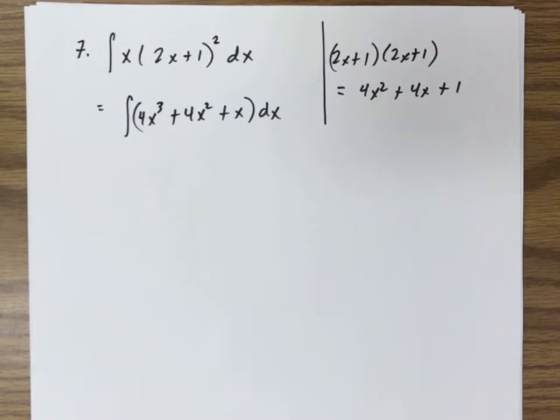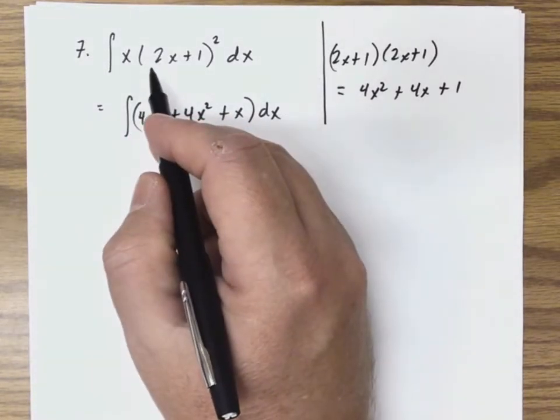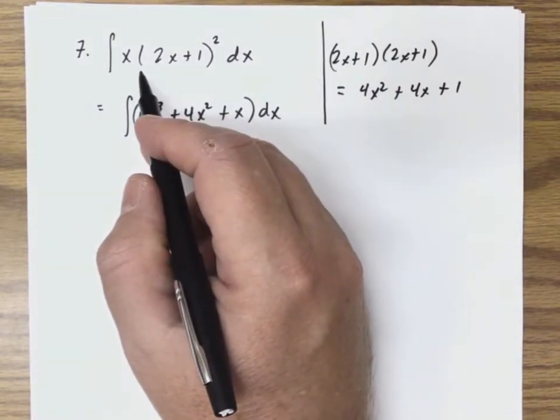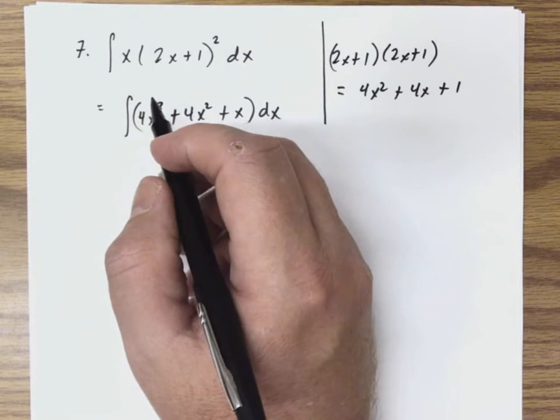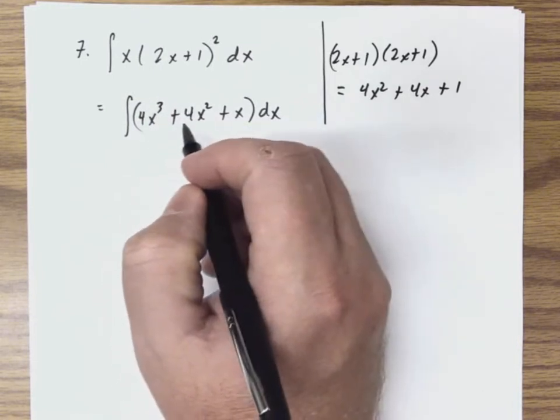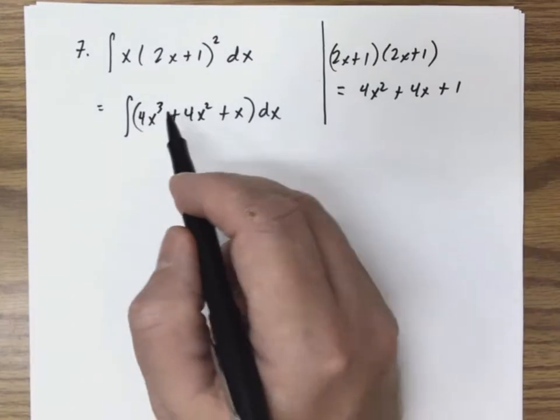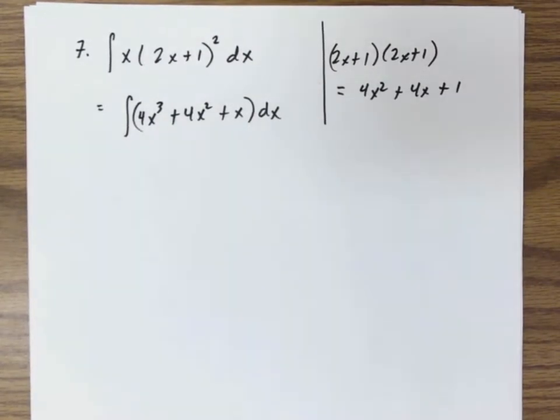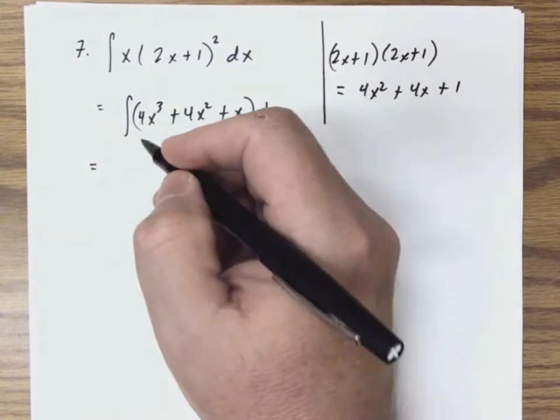Once again, I've taken the initial problem, which I didn't know how to solve, and by doing some algebra, multiplying things out, I now have basically 3 terms, and I can apply the power rule to each of those terms.